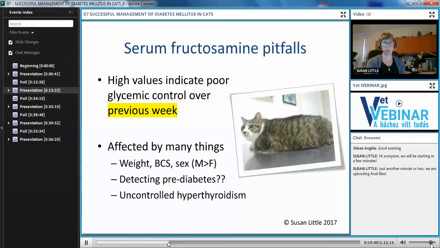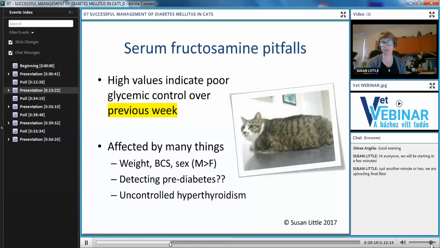We do have to bear in mind, if we're using it to help us monitor diabetics on an ongoing basis, that it is influenced by things like the weight of the cat, the body condition score, the sex of the cat. Males tend to have higher fructosamine readings than females. Other diseases, so uncontrolled hyperthyroidism makes our fructosamine values unreliable until the hyperthyroidism is treated or under control.